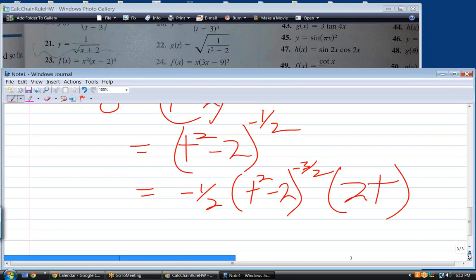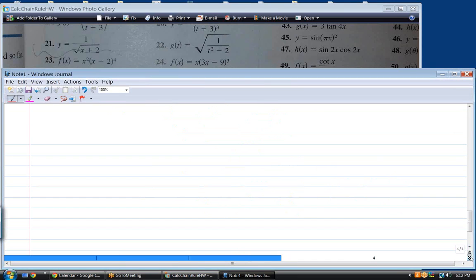You can never get too much practice taking derivatives. What's the derivative of number 23? What's f prime? Okay, so it'd be the product, 2x, and then x minus 2 to the 4th again.